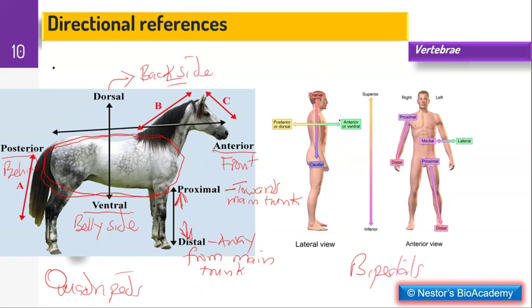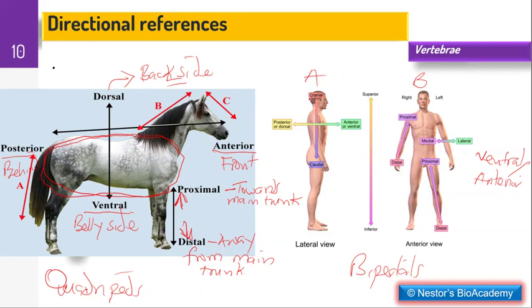For us human beings, for example, focusing on the illustrations given here, if I focus on the gentleman on this end, we are looking at the front view. But when you look at the front view for the case of man, it is also the same side where we have the belly. So in this case, the ventral and the anterior view are synonymous. They are literally the same views.